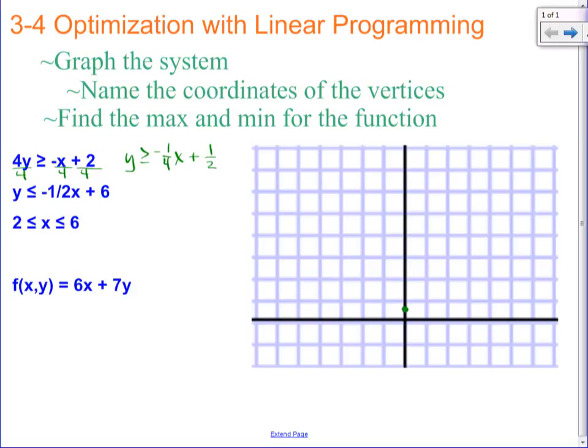Then where are we going from there? Down 1. So we go down 1 full unit and over 4 to right here. And these you're definitely going to want to repeat that slope because we want to be precise about where our lines intersect each other.